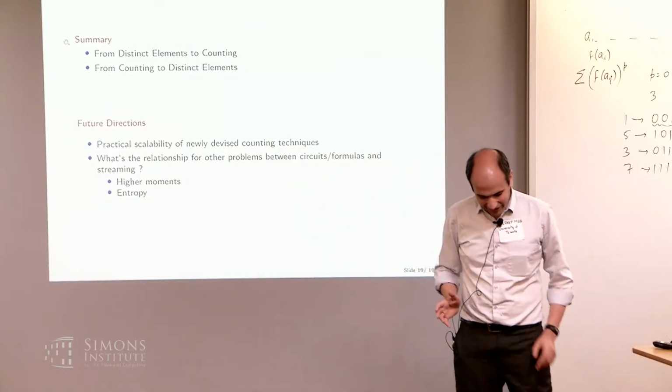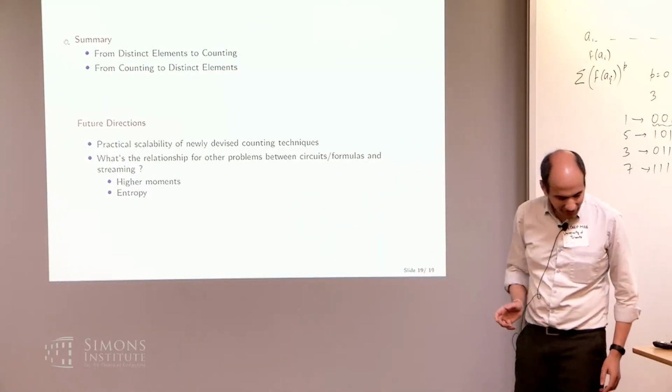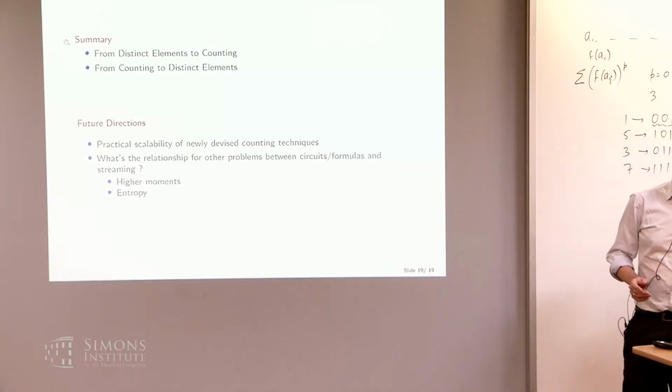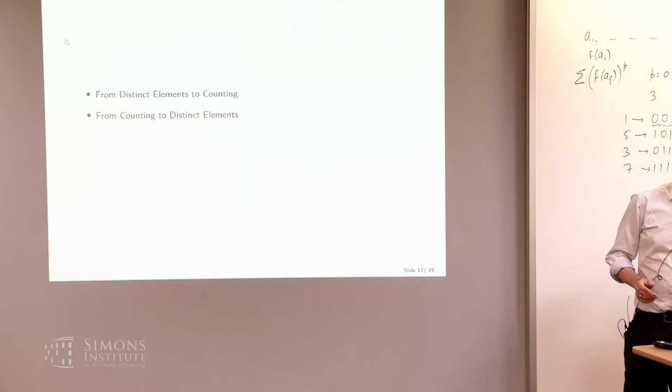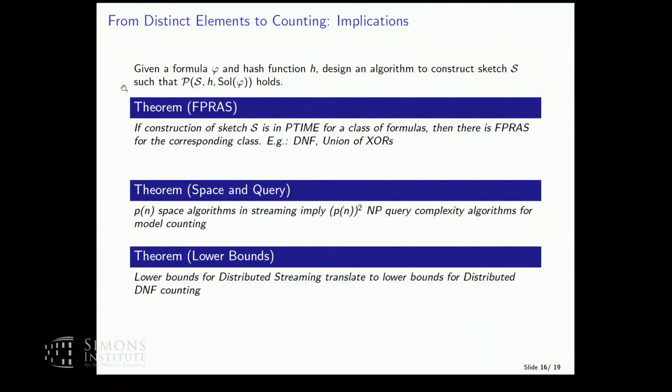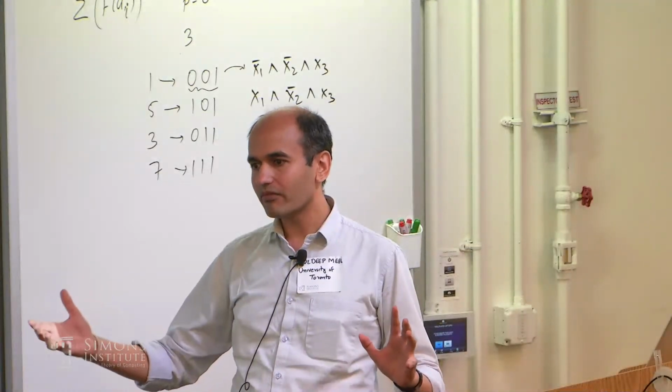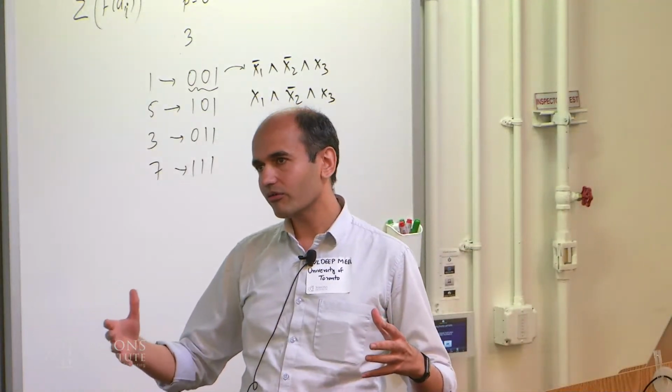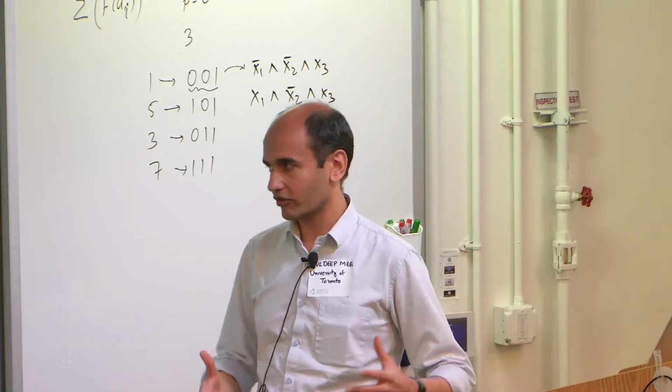Yeah, so first I should thank Fokyan for pushing us to get this result. He asked us a similar question two years ago and we got it. In streaming, one cares about the space complexity, or the number of storage.